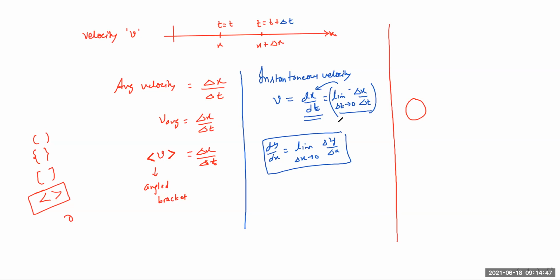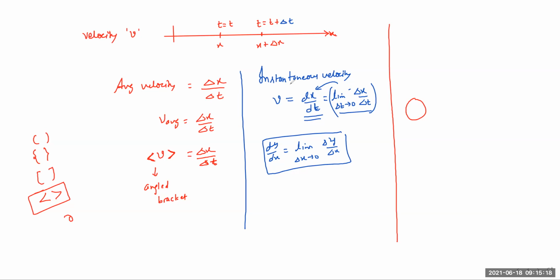So the derivative is the limiting case of average. That is the real life scenario. Every derivative represents some average when the interval becomes really small. So average and instantaneous are closely related terms. For a big interval, we only say average. For an interval tending to 0, we preferably say instantaneous.